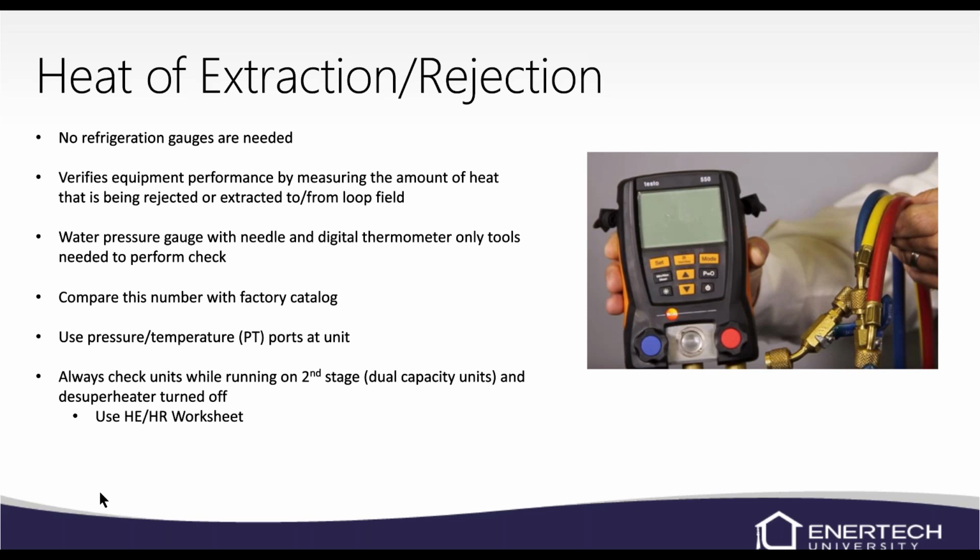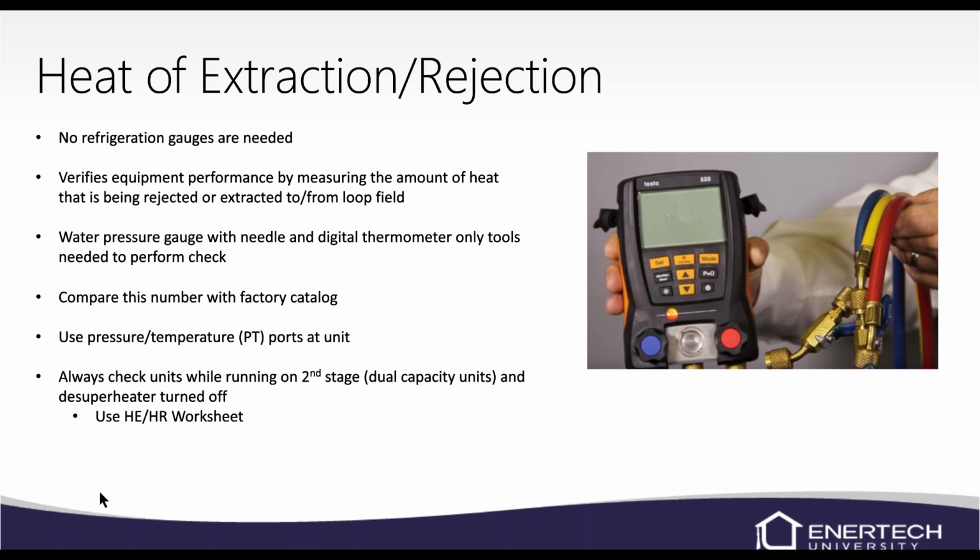When we do this heat of extraction or rejection, it's very important, especially on new installs, that we're installing pressure temperature ports. If we don't install those, it's hard for us to establish water flow. We can get some temperature differences on the outside of a pipe.